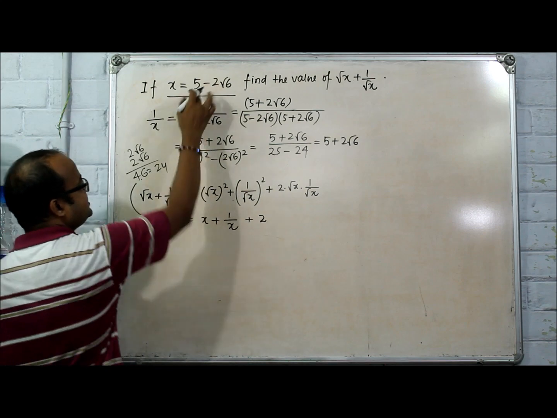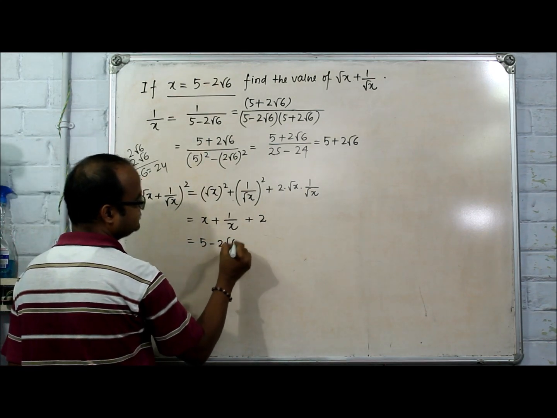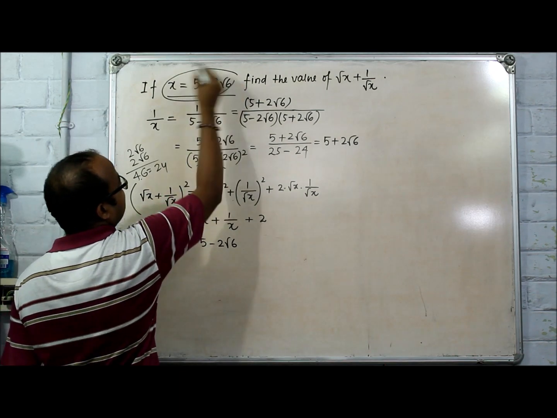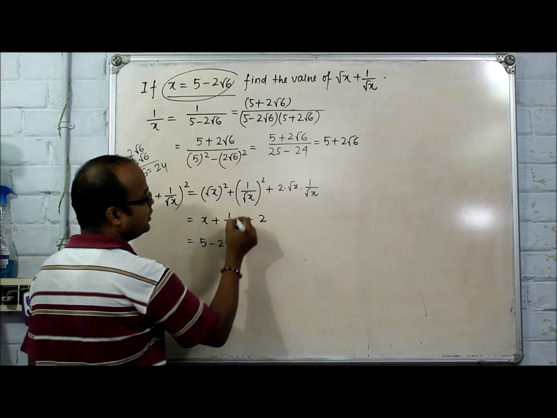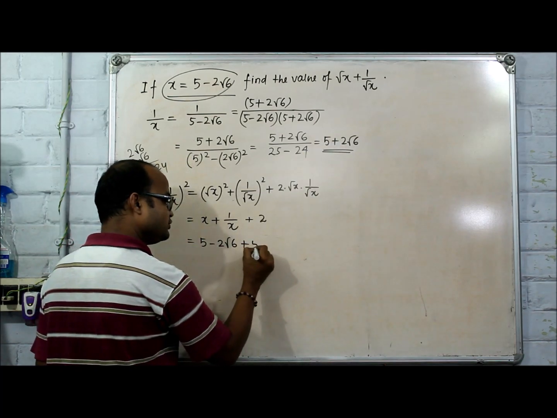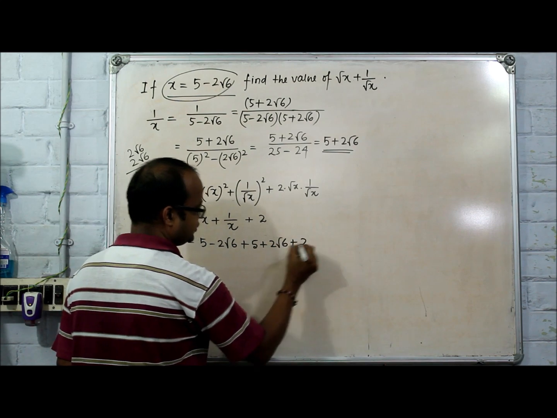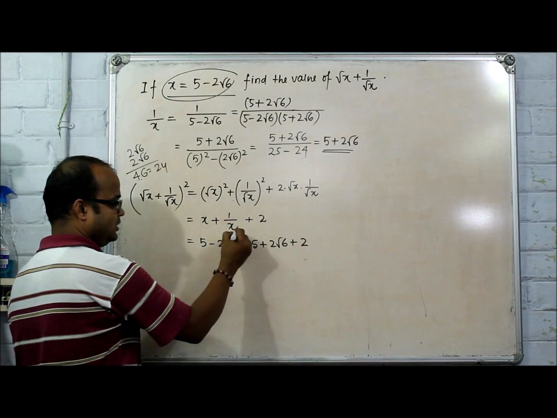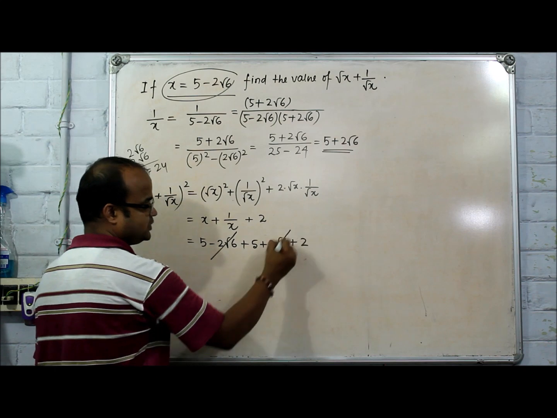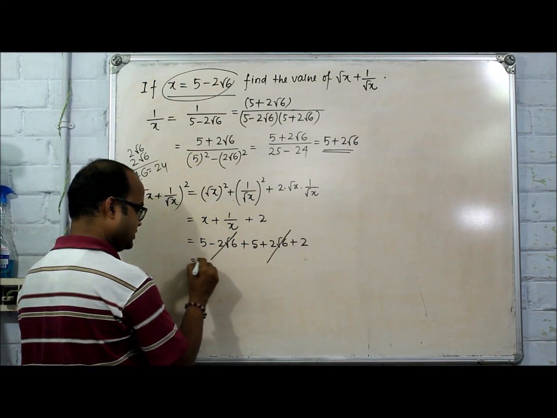Now the value of x is equal to 5 minus 2 root 6. The value of 1 by x is 5 plus 2 root 6. So 5 minus 2 root 6 plus 5 plus 2 root 6 plus 2. Minus 2 root 6 and plus 2 root 6 cancel. 5 plus 5, 10, plus 2, 12.